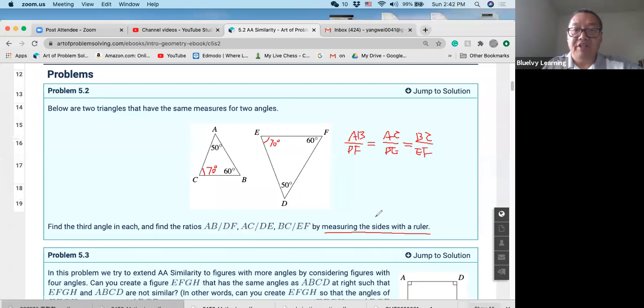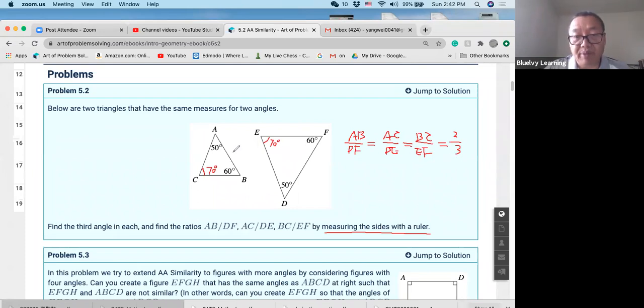AB over DF looks like 3 over 2, right? 1.5. Or AB over DF, looking at it this way, equals 2 over 3. This ratio all equals 2 over 3.